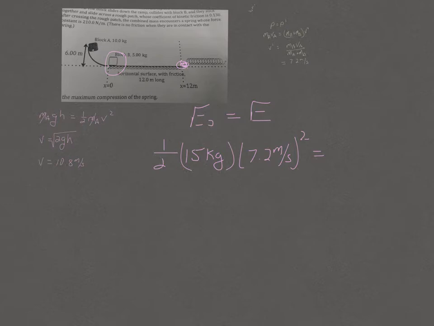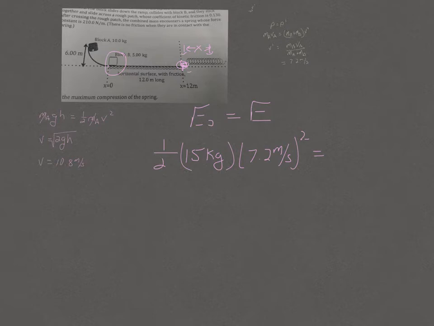Now, we can actually figure out what that value would be, but we would then have to add another part onto our problem. Because once it reaches this end, and it'll reach there with a much less kinetic energy, all the kinetic energy at this point would then be turned into spring energy.